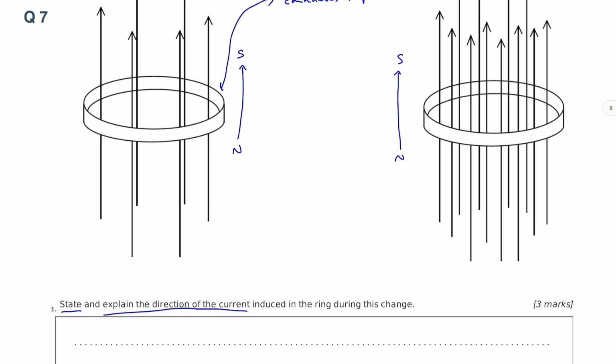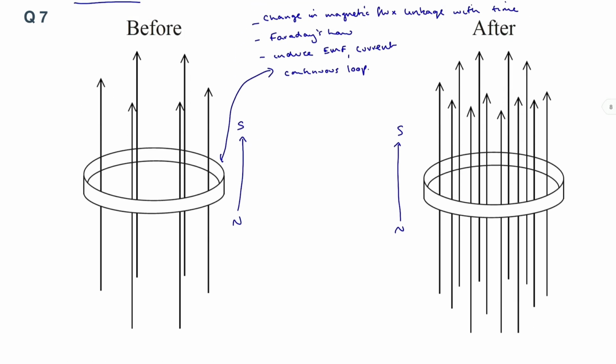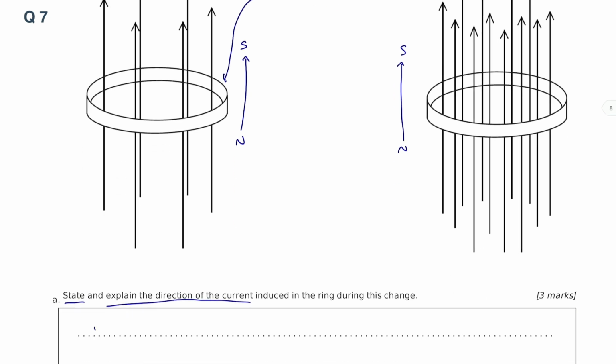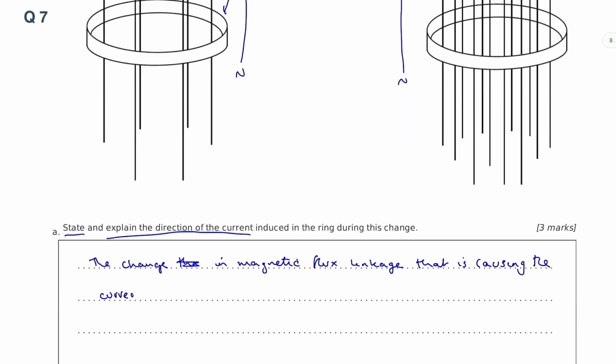Well, this is to do with Lenz's law. Lenz's law states that the current induced must be in the direction that opposes the change that's causing it. So the change that's causing this current to be induced is upwards. So the change, well, let's put in magnetic flux linkage, that is causing the current to be induced is upwards.